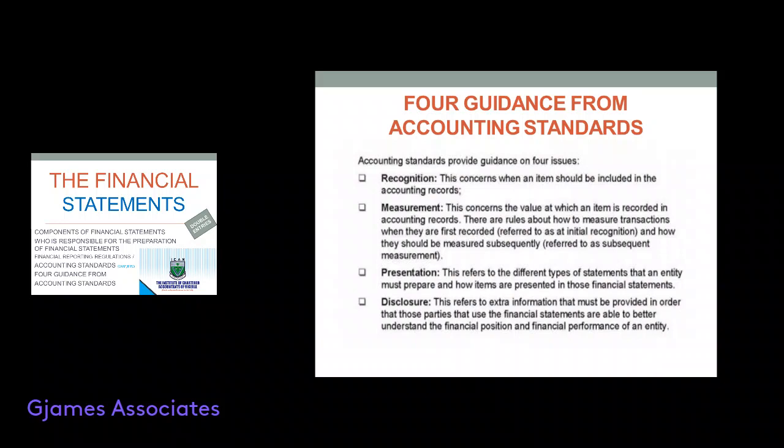Everything that any financial reporting standard, international accounting standard, or international auditing standard is talking about could be grouped into these four categories. If it's not talking about recognition of a transaction, it's talking about measurement, presentation of it, or how to disclose it to the world.